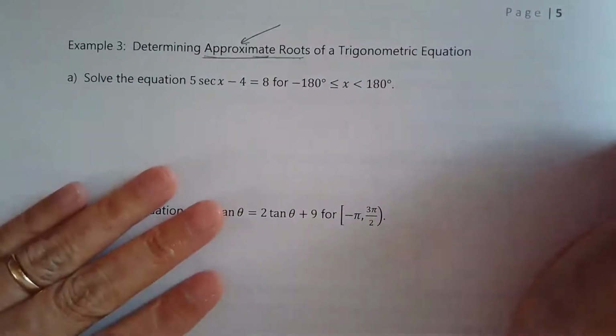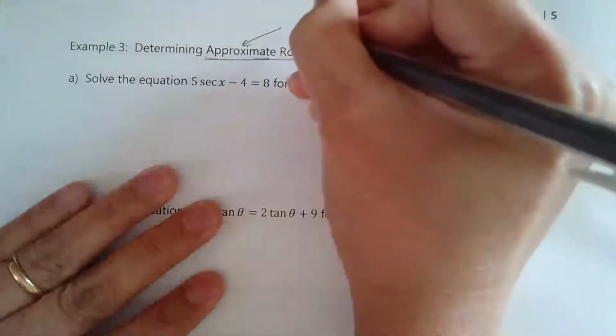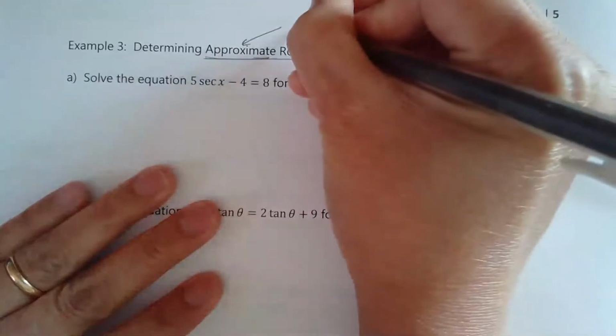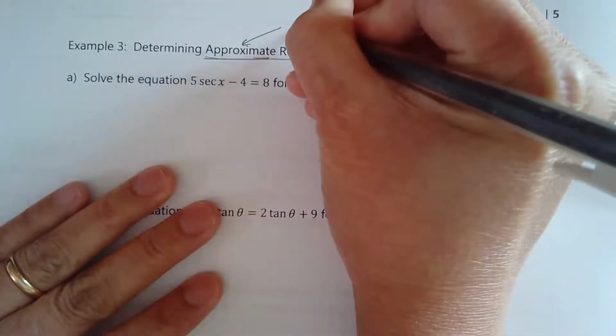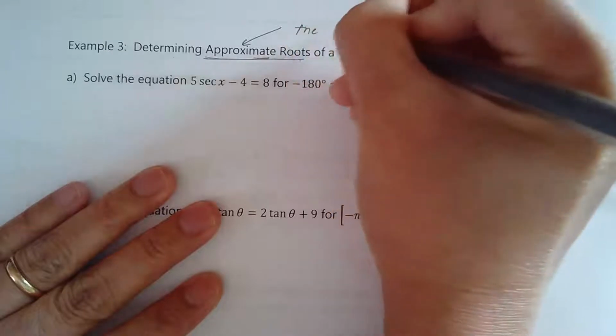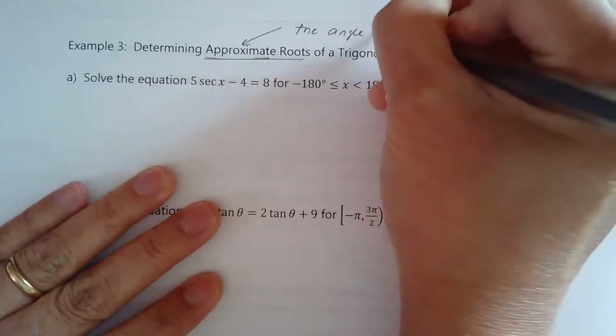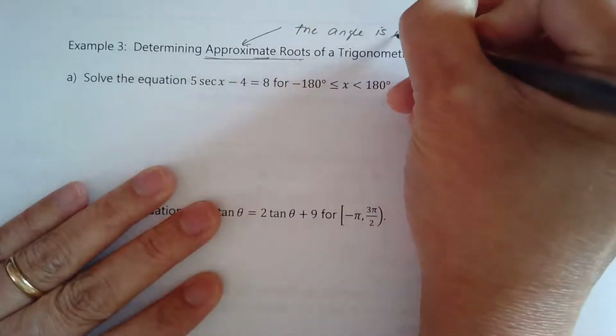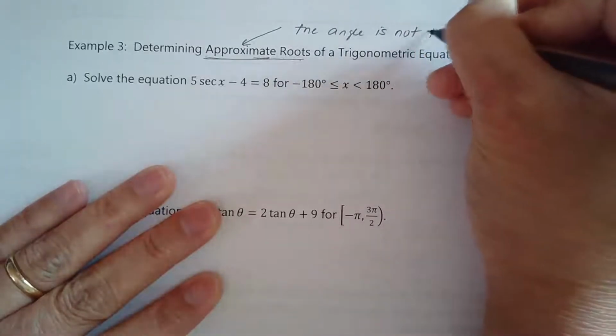So when they say approximate, it means the angle of the solution is not a special angle.